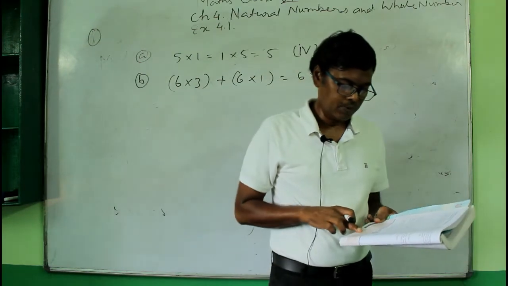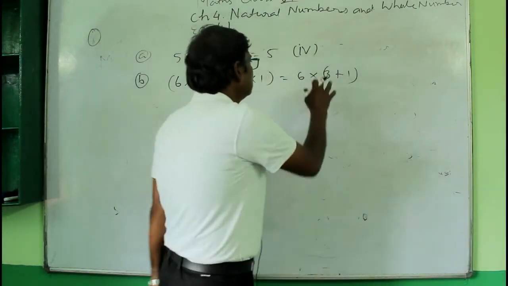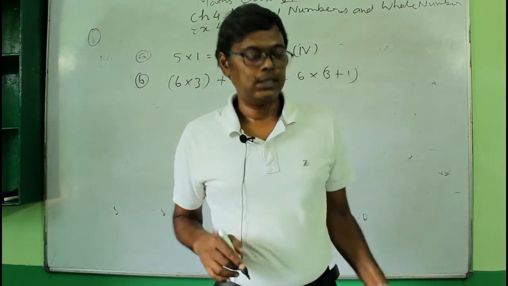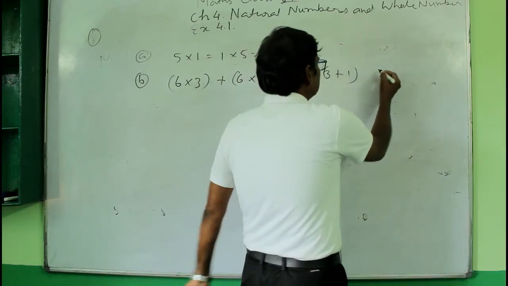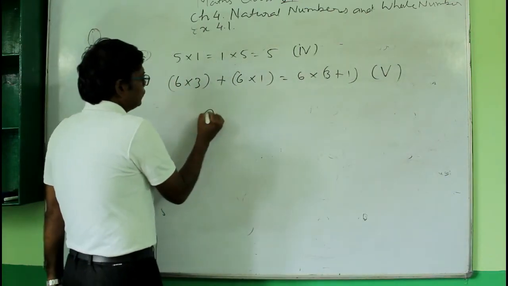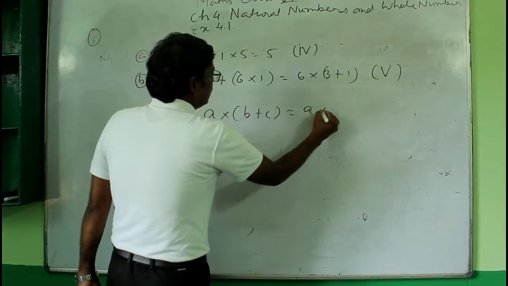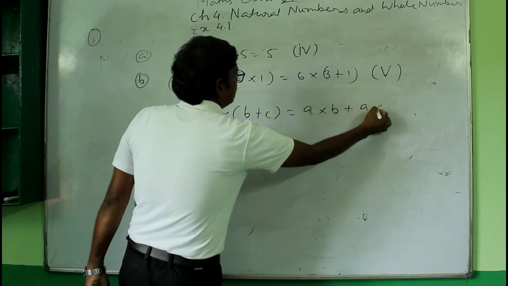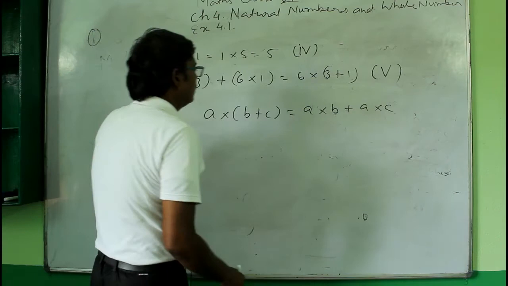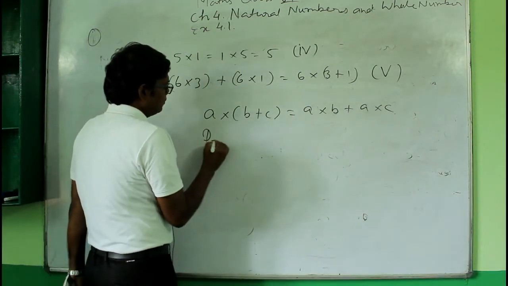So the answer is here in this 5. Actually, if you have a into b plus c, that will be equal to a into b plus a into c. This is the distributive property.